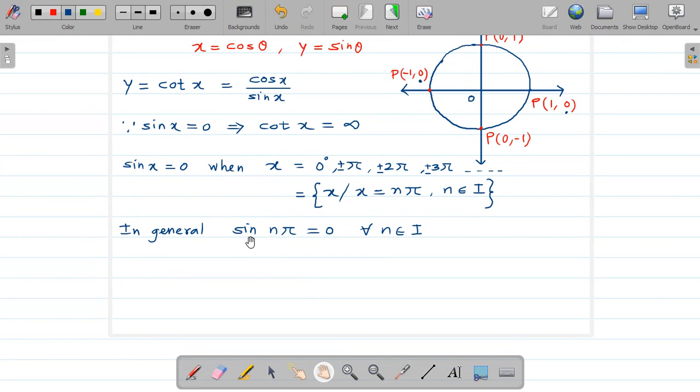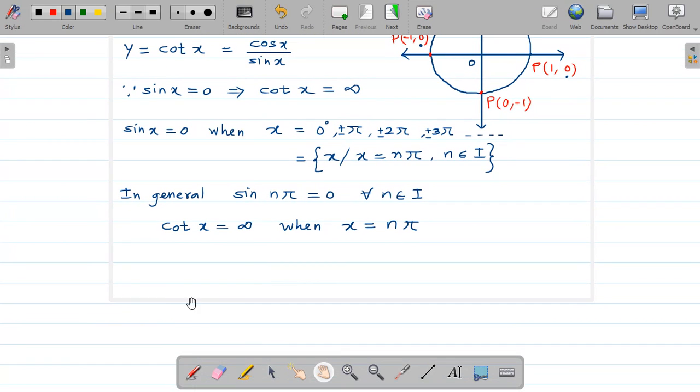Now as we have discussed, sin n pi is equal to 0, which means sin x is equal to 0 for all these angles, and that implies cot x is equal to infinity when x is equal to n pi. So we have found all the angles where cot x is not defined.